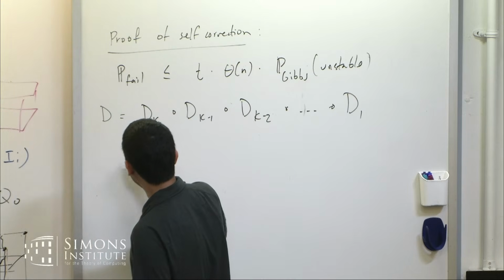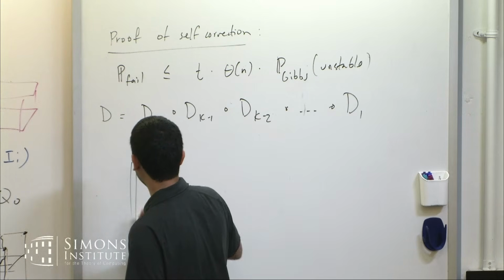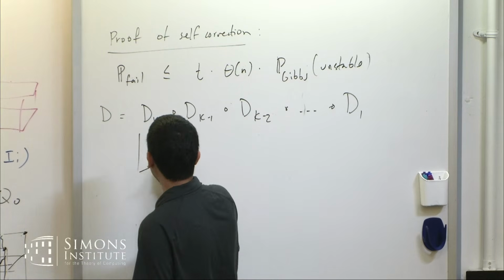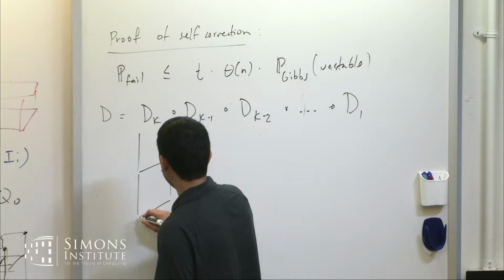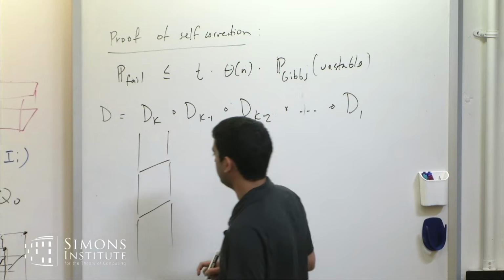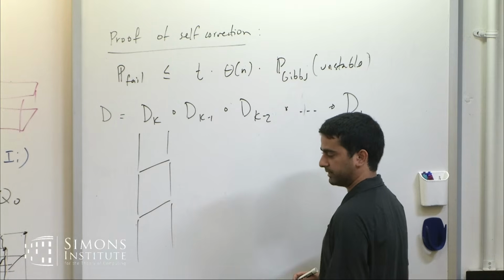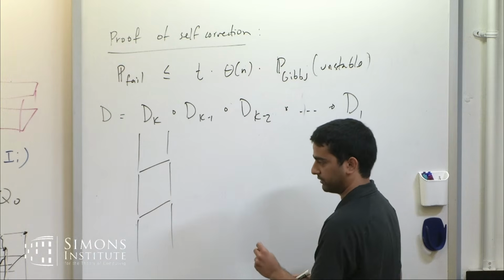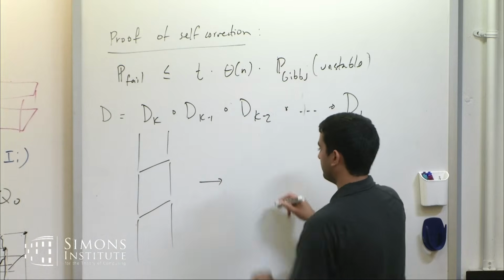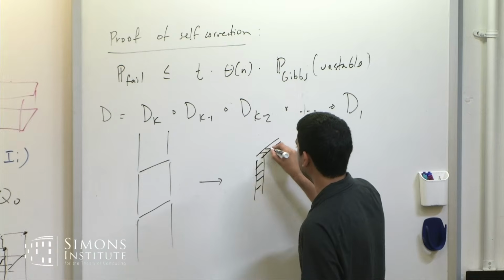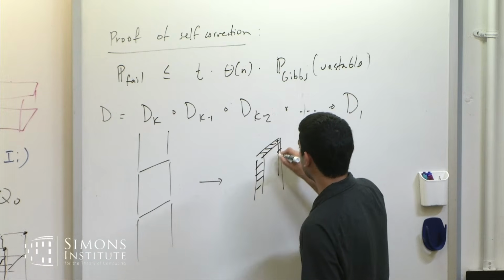So again, I want to make an analogy to the classical construction, and the analogy is as follows. Let's go back to this classical code construction, and let's say I had some code, a piece of the code that looks like this. Then under this replacement procedure, this will turn into some structure of ladders.